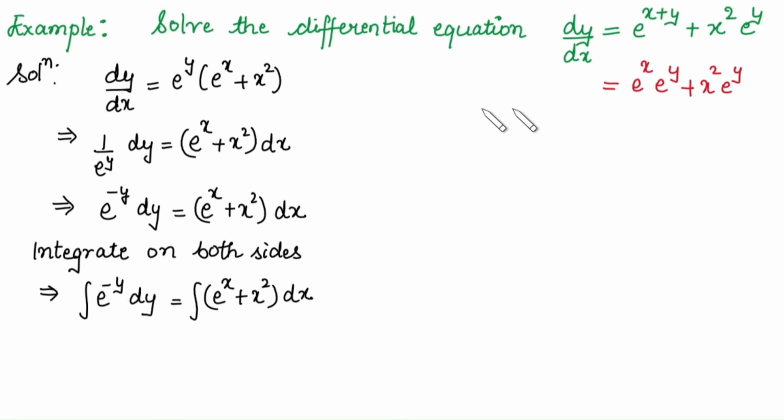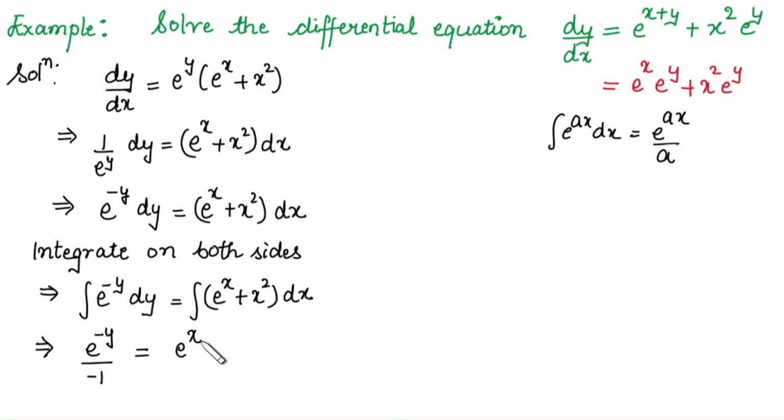Now what is the integration of e raised to power ax dx? That is equal to e raised to power ax by a. Use this form to answer this integration. So here we can say integration of e raised to power minus y is e raised to power minus y divided by minus 1, is equal to integration of e raised to power x, which is e raised to power x, plus, what is the integration of x raised to power n?